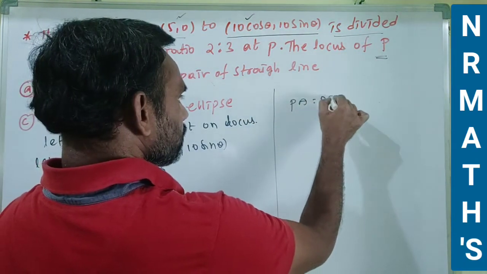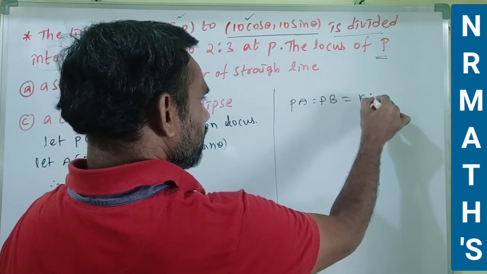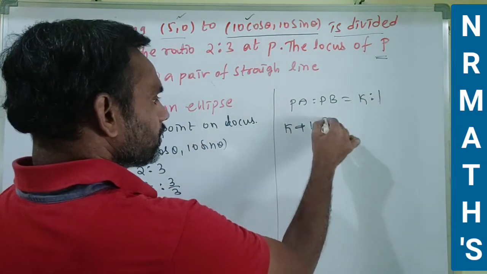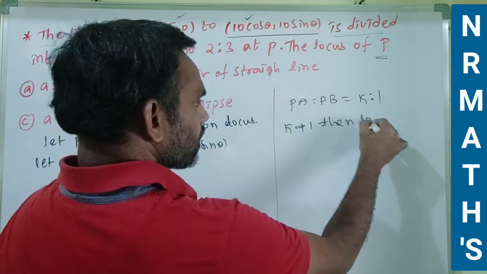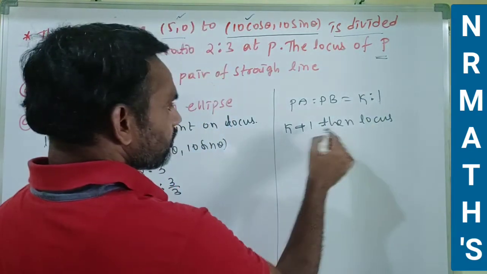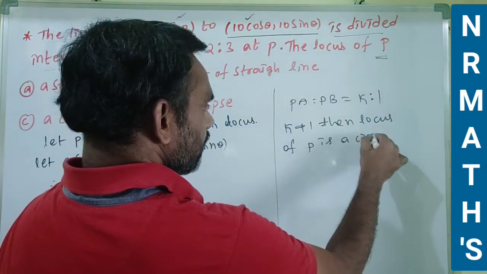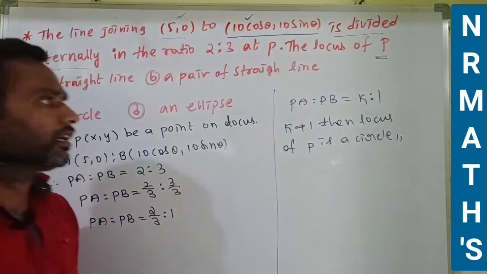PA is to PB is equal to K is to 1. If K is not equal to 1, then the locus of P is a circle. It is the shortcut formula.